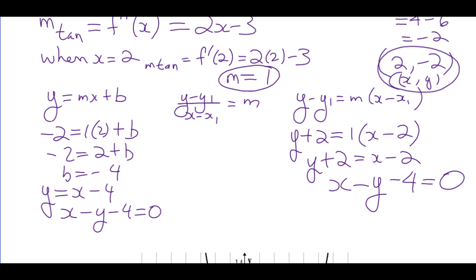And if you like this, it's y plus 2 over x minus 2 is equal to 1. If you have a fractional slope, you cross-multiply, multiplying through by the denominator to get rid of it. Same thing there.